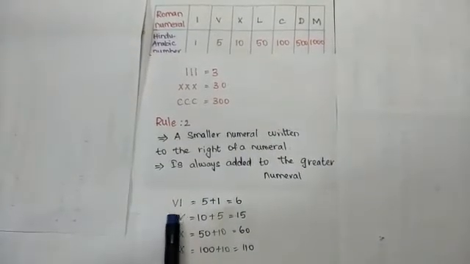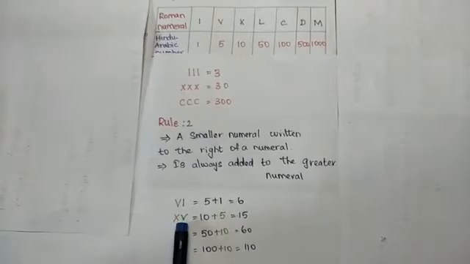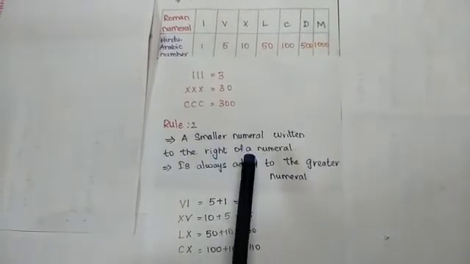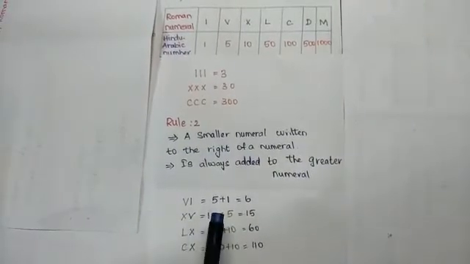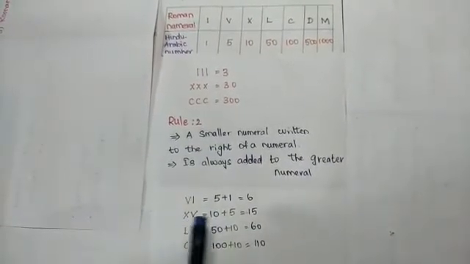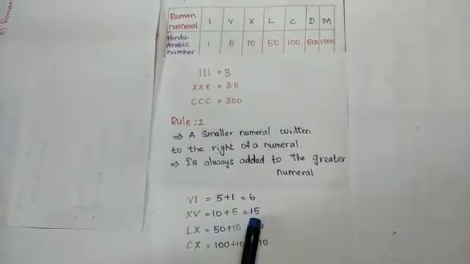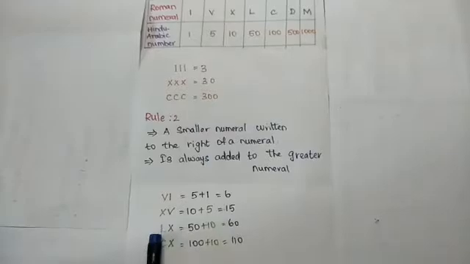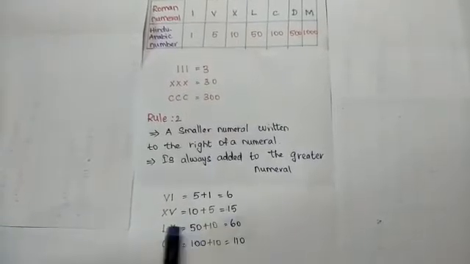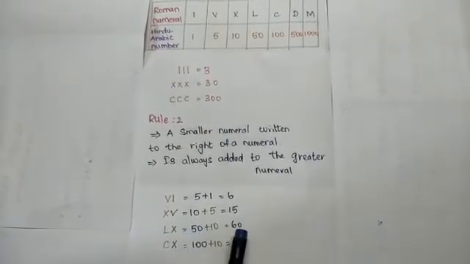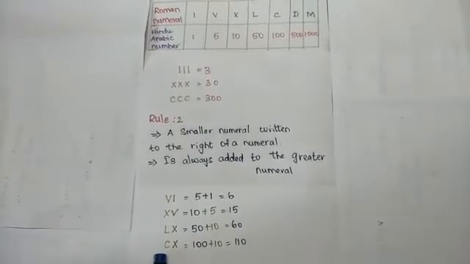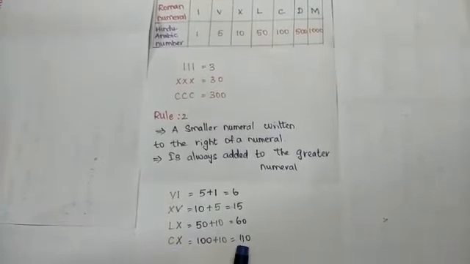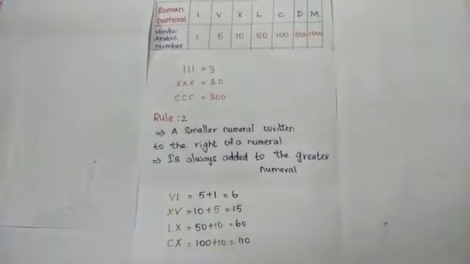Next X, V. If the smaller numeral is on the right hand side, we have to add 10 plus 5, we will get 15. Now L, X. L is for 50 and X is for 10. So we will get 60. Next C, X. C is for 100 and X is for 10. We will get 110.